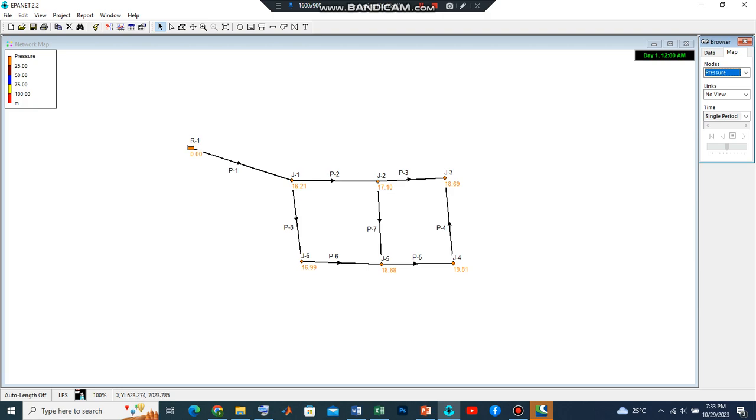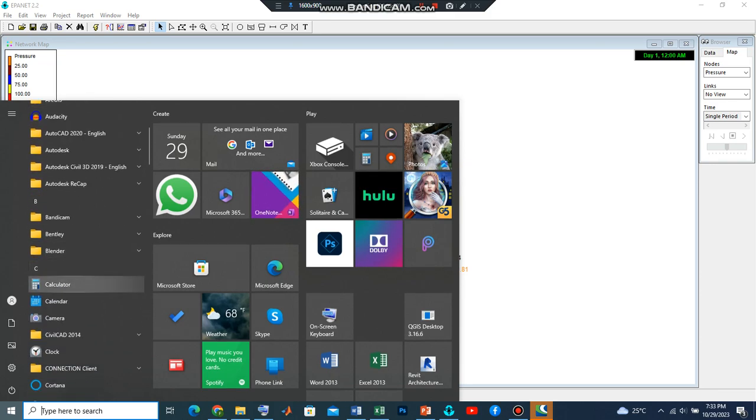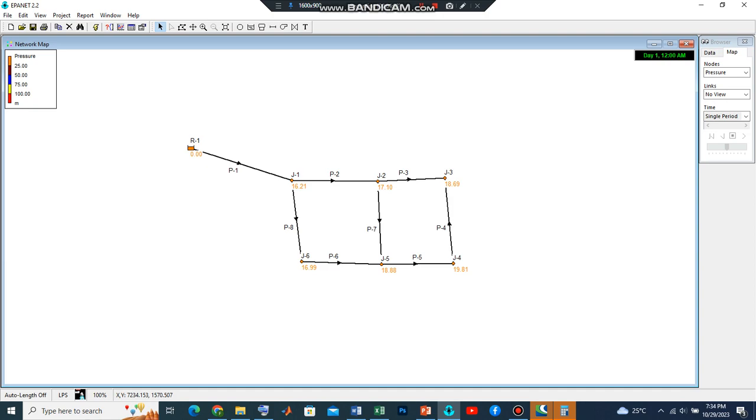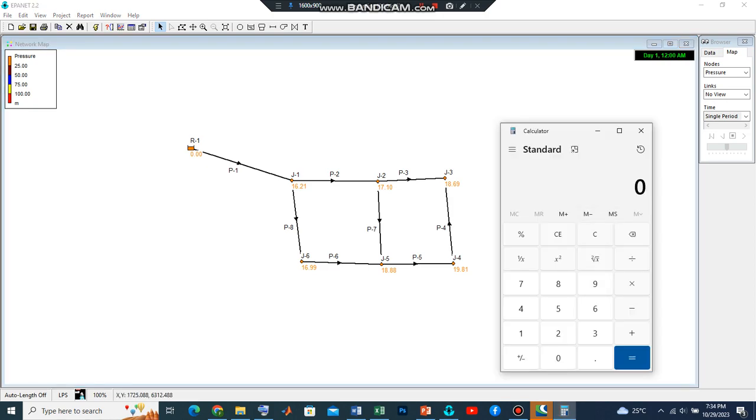We can convert this by multiplying it by the acceleration due to gravity. So let's bring out our calculator and let's try and solve. Let's say 16.21 multiplied by 9.81. This will give us a value of pressure in kilopascal.